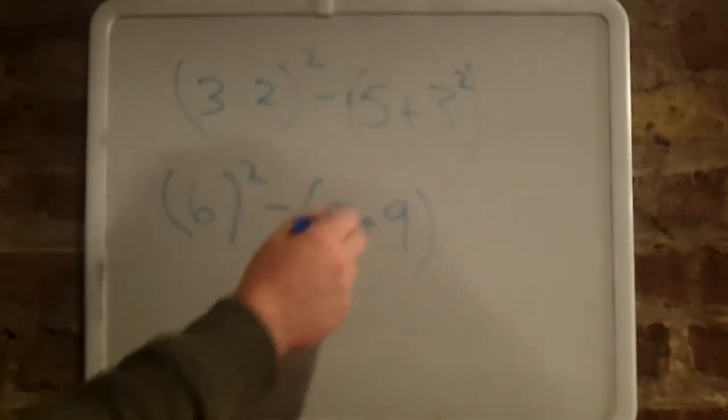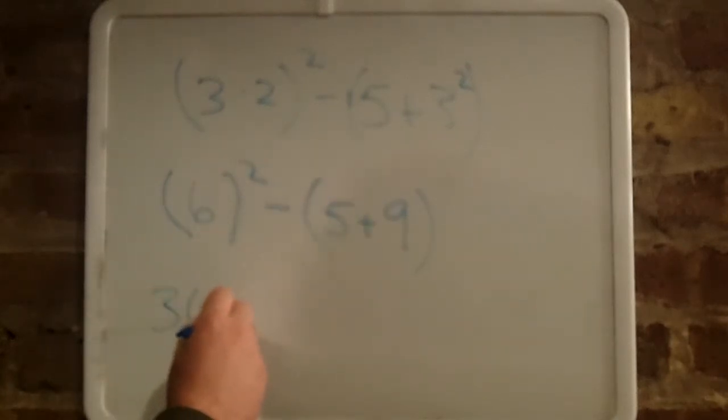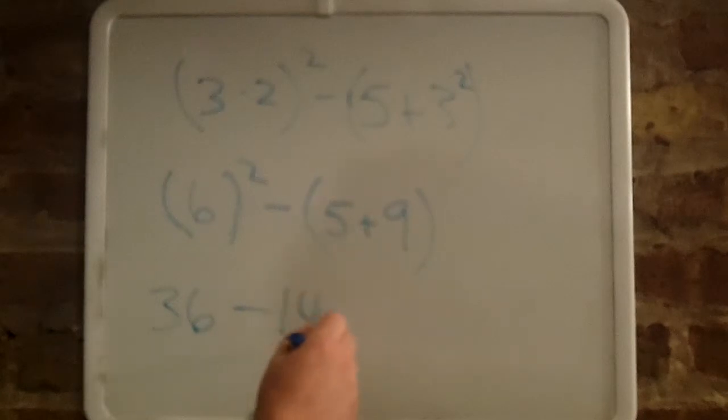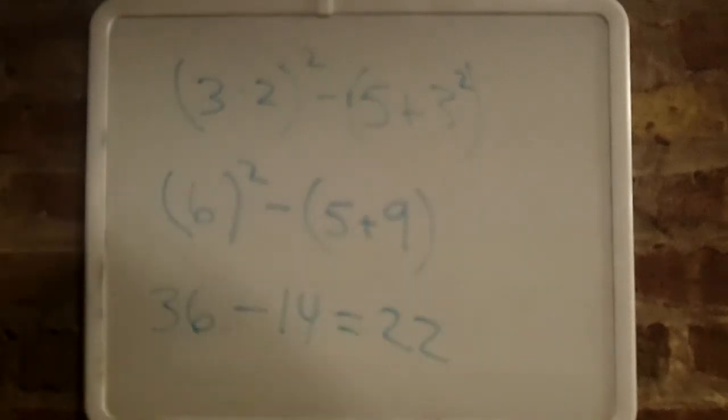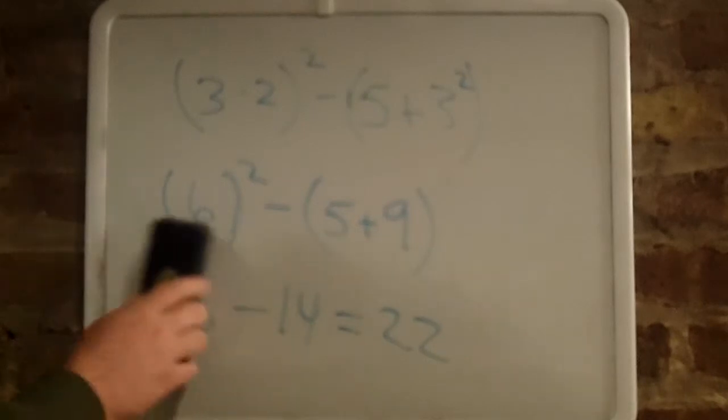They're both in parentheses, so this one would be 36, this one would be 14. 36 minus 14 is 22. So just follow the order of operations, PEMDAS, and you get the right answer. No fuss, no muss.